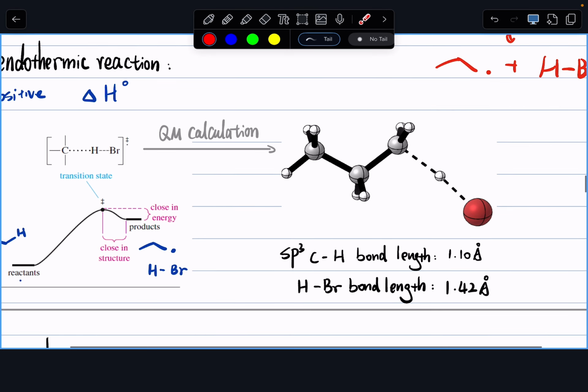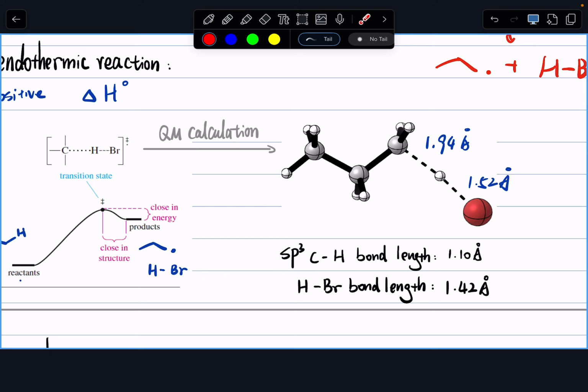And indeed, we can calculate what the transition state looks like using quantum mechanics. Here comes my quantum mechanical calculation. I don't expect you to know the actual numbers, but we calculate the bond length between your carbon and hydrogen is 1.94 Angstrom, and between your hydrogen and bromine is 1.52 Angstrom.